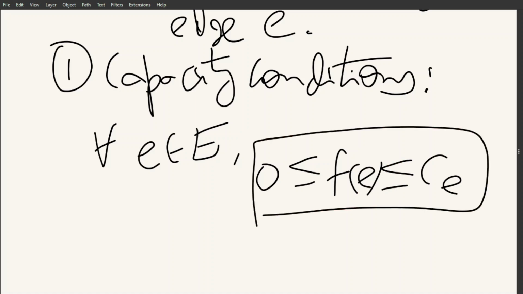This is capacity condition. Flow cannot exceed the capacity. Second is conservation condition. So source node is the generator of flow, sink node is consumer of the flow, and remaining nodes, they conserve the flow, means they cannot absorb flow or cannot generate flow. So they should conserve, means inflow should be equal to outflow. These are called conservation conditions.